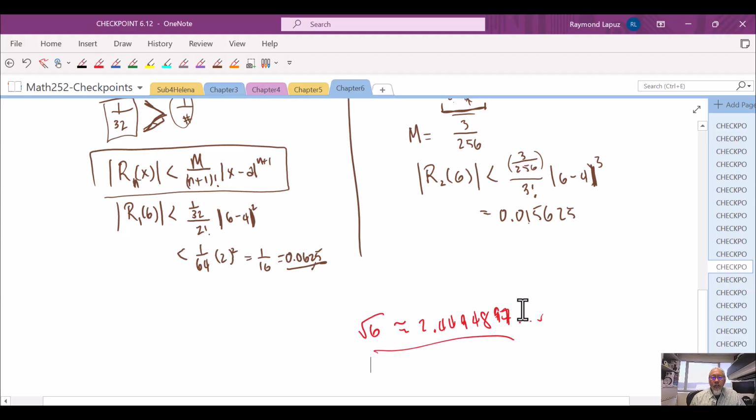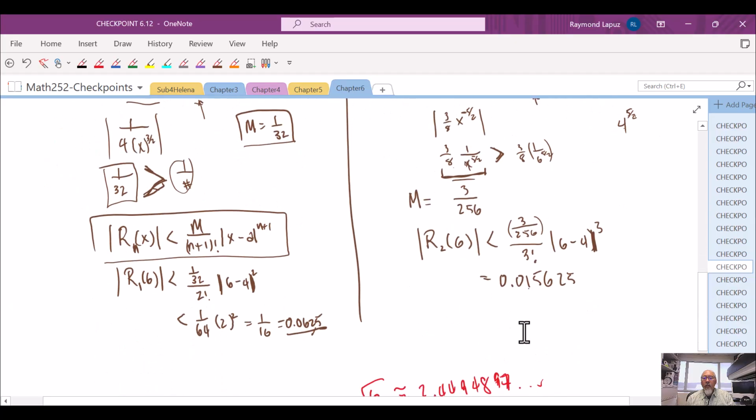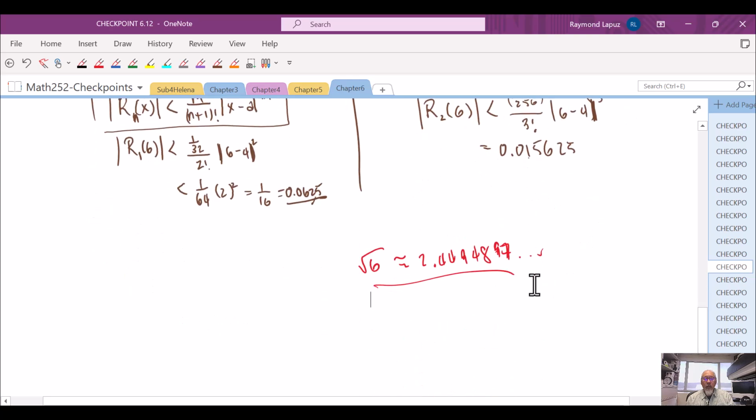But that's the actual value. So if you were to think about adding 2.437 and add it to 0.0156, you should get something that's very, very close to this.